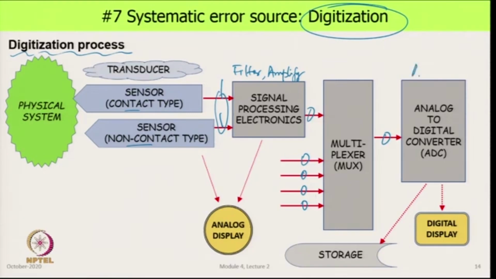And then we have our device, the A to D converter, ADC, which converts this analog data into digital data. This can be either displayed or stored. Now, we are going to look at this and say there will be uncertainty coming because of this, and what is it that A to D conversion is causing in the measurement.